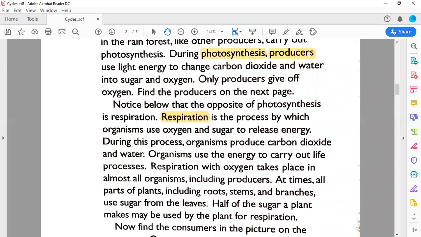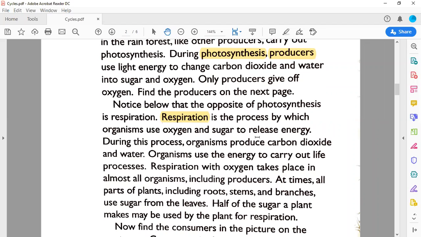Producers use carbon dioxide and water, and they change this into sugar and oxygen, right?